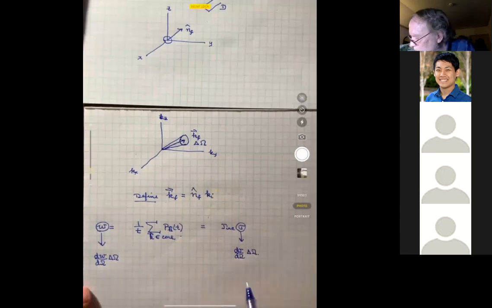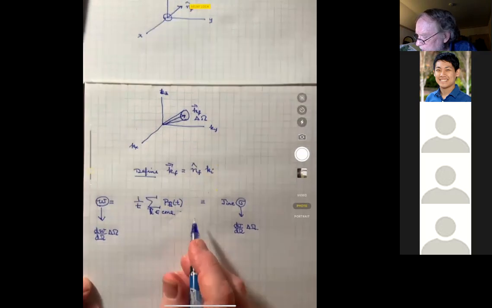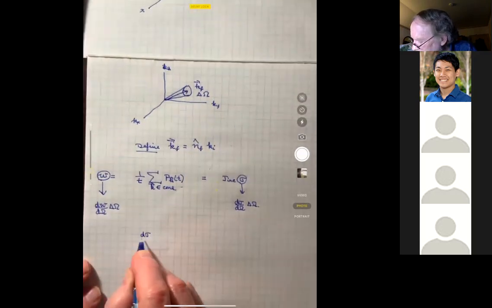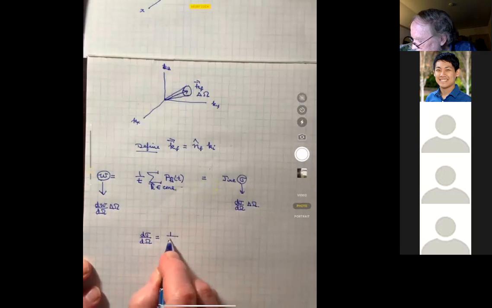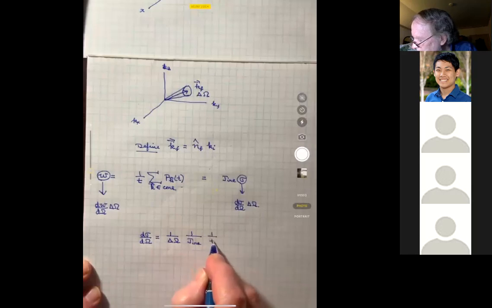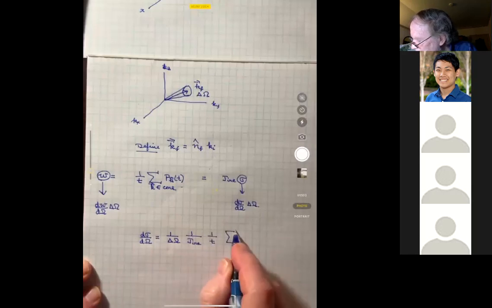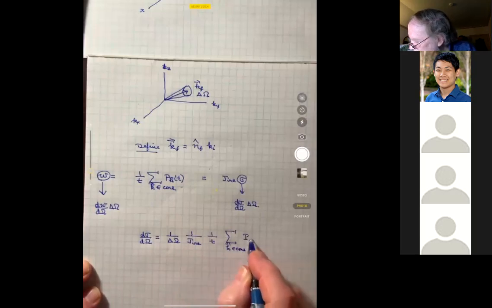And if we do this, we can now solve for d sigma d omega. This gives us the differential cross section d sigma d omega is equal to 1 over delta omega, 1 over J incident, 1 over time, the sum on k inside the cone of the transition probability P sub k of t.